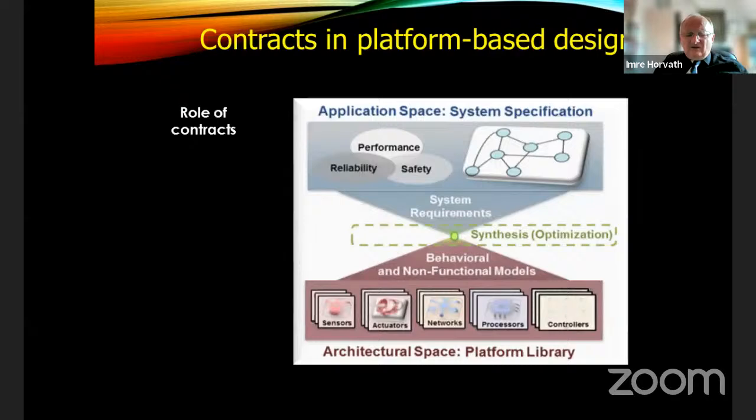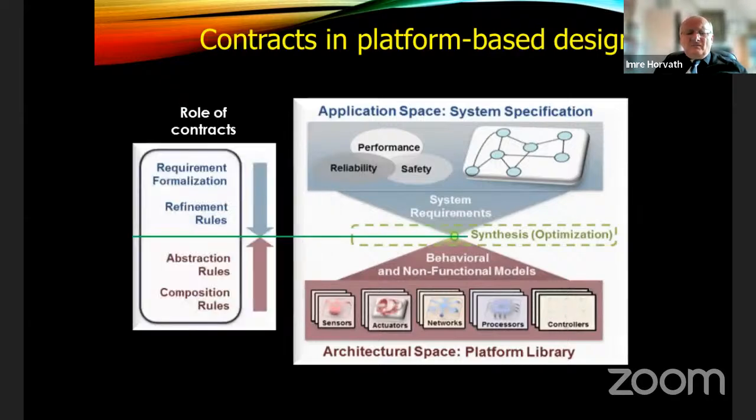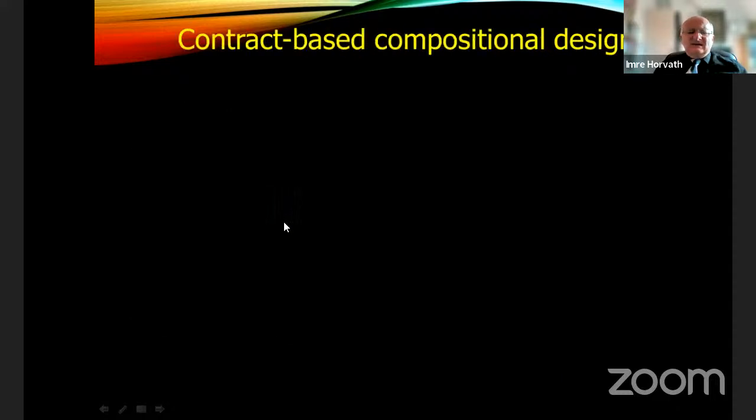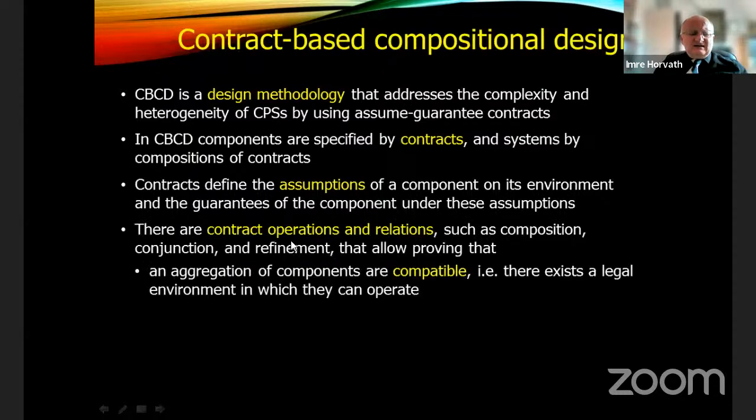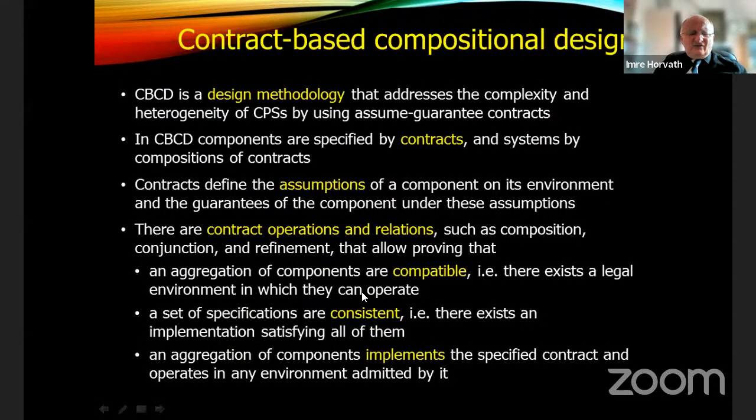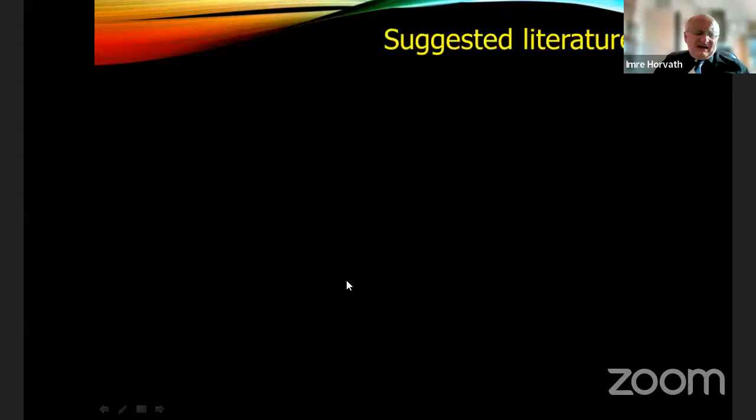So here you can see an image about what the role is in context. I believe the image is self-explanatory. Contract-based compositional design is what I specified in one of these last slides.